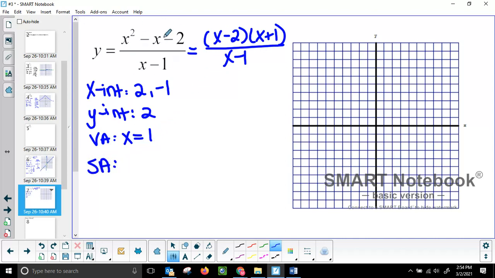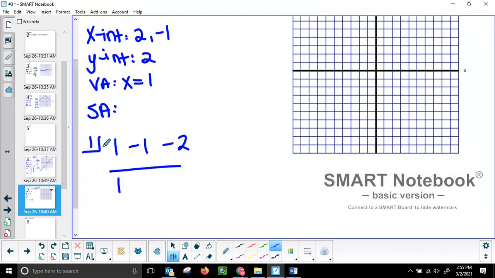Again, we can use synthetic division with this thing over here. So I'm going to put 1 in my box, and then 1, -1, and -2. Bring this down, multiply, add, multiply, add. Of course, we don't care about the remainder. So this tells me that my slant asymptote is just y equals 1x plus 0, or just y equals x.